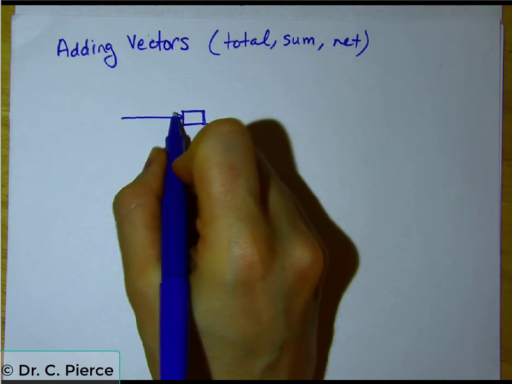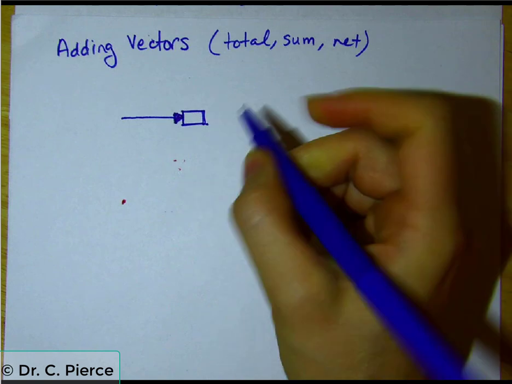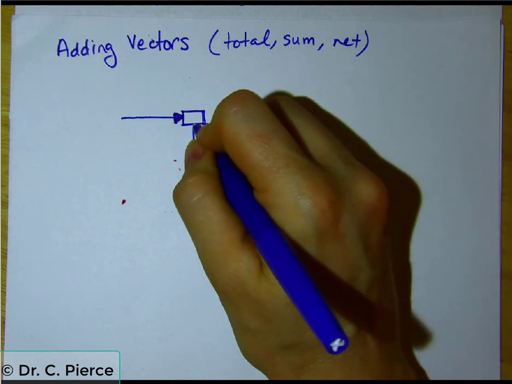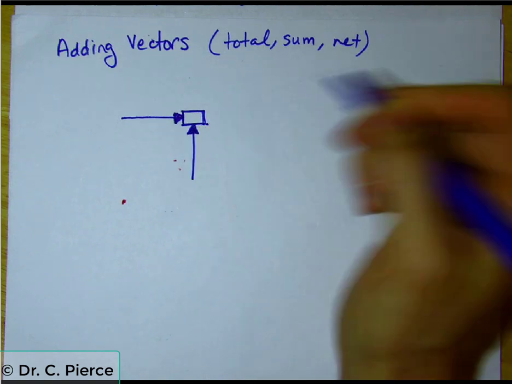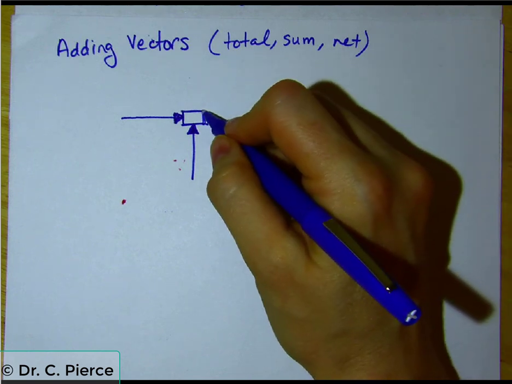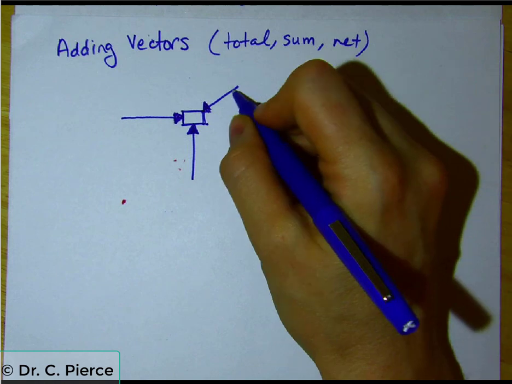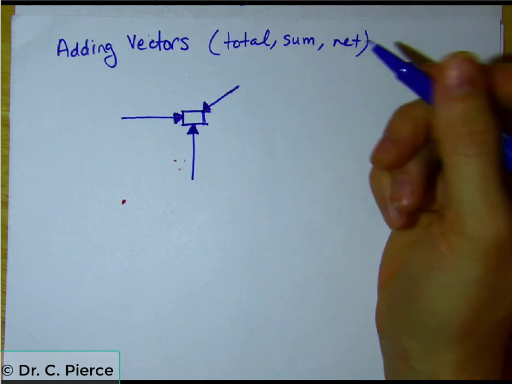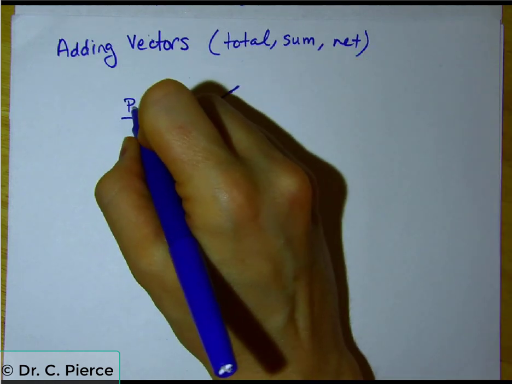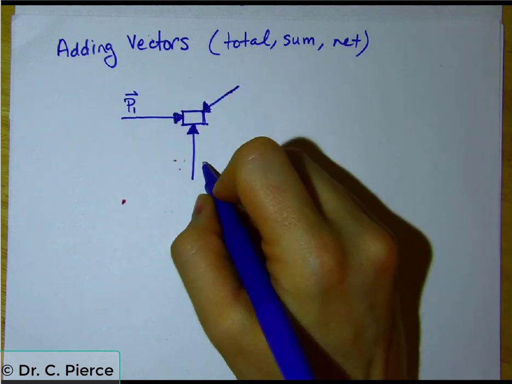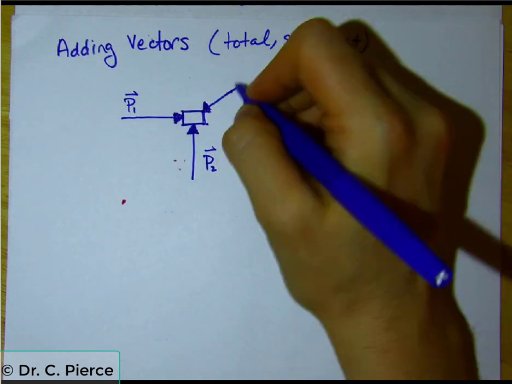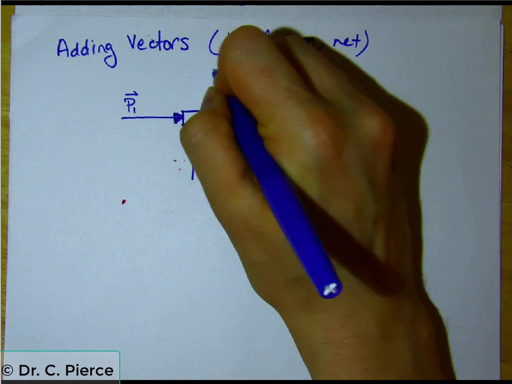Maybe somebody's pushing on it rightward, somebody's pushing on it from here, and maybe somebody's also pushing on it in this direction. And how about we call this push 1, this push 2, and this push 3.